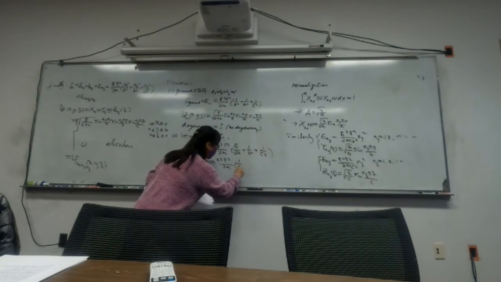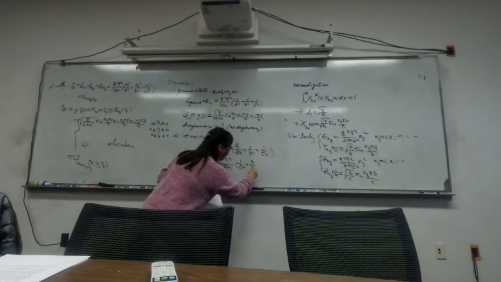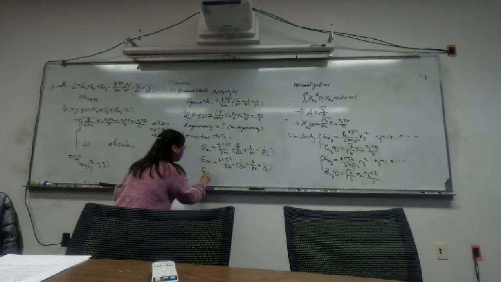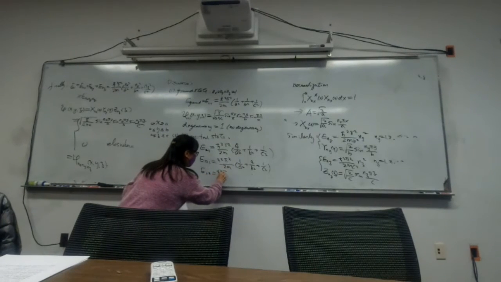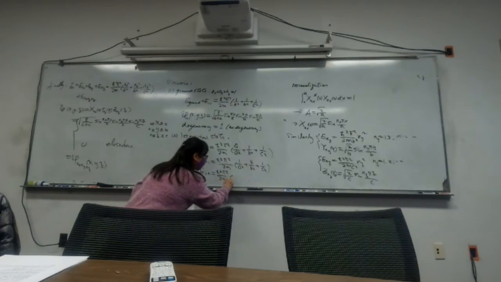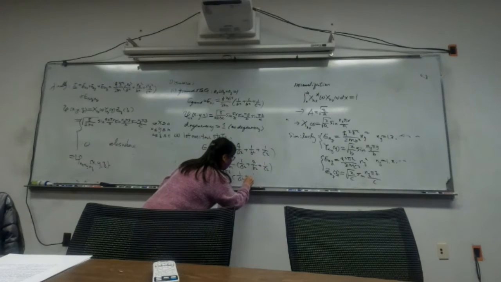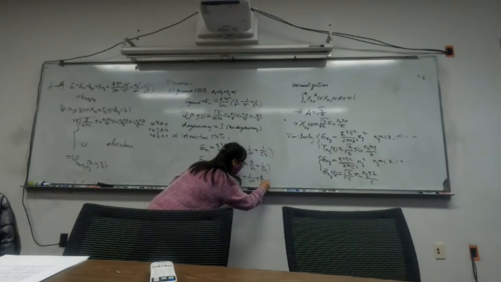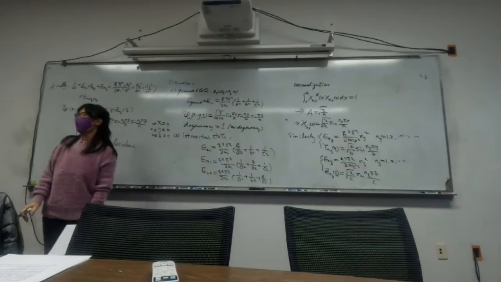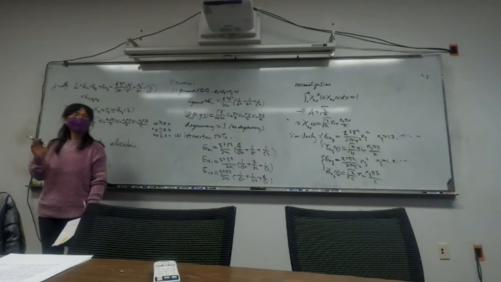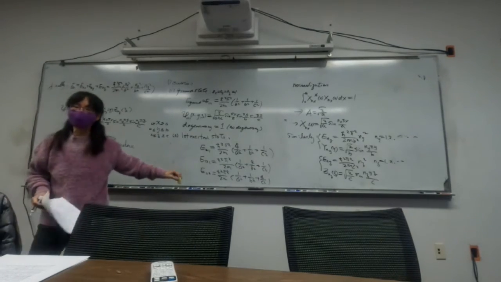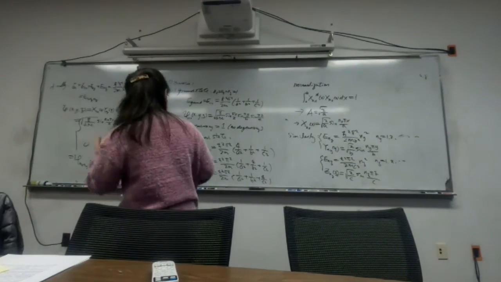That is 1 over a squared, 4 over b squared, 1 over c squared. And for z, 1, 1, 2. So about these 3, which one is lower? We need more information. Whichever one is larger, a, b, c. Because if the denominator is larger, then the number is smaller, right?